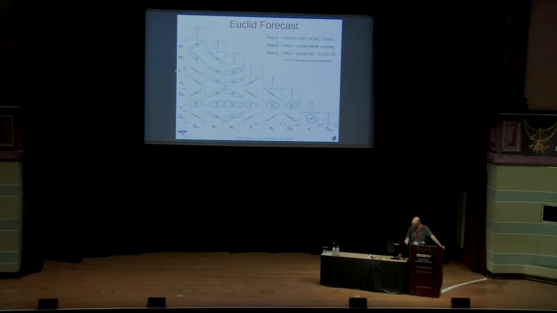So this is an improvement of at least an order of magnitude on the accuracy of the cosmological parameters that Euclid will achieve.